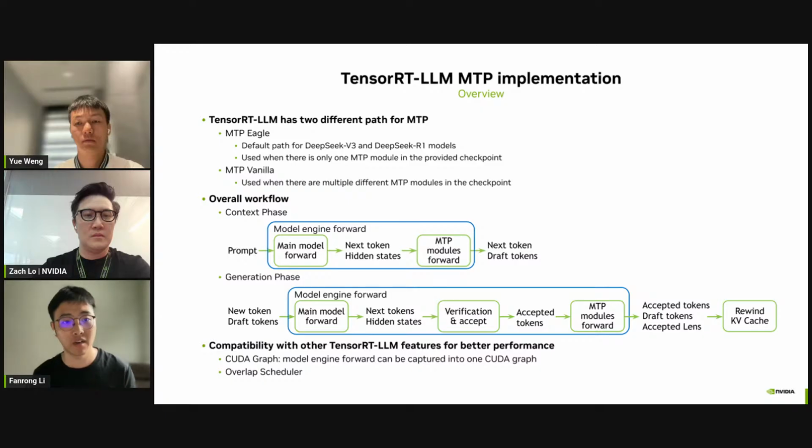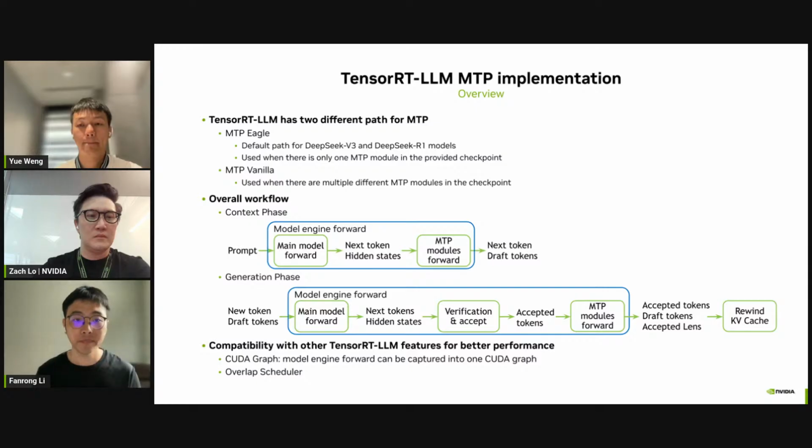The overlap scheduler is another important feature to hide the CPU overhead. So our current MTP workflow can enable those two features, and it can also help achieve better speedup.